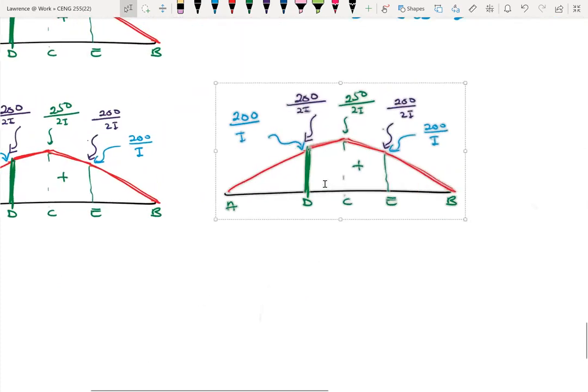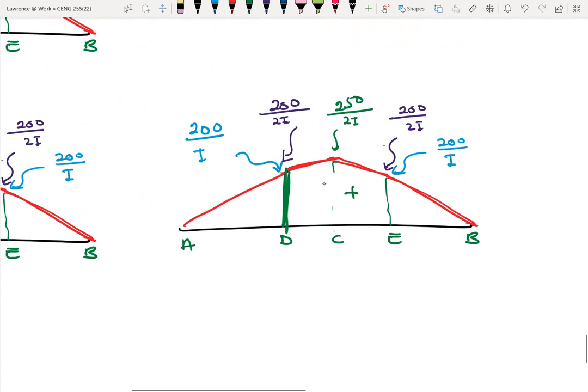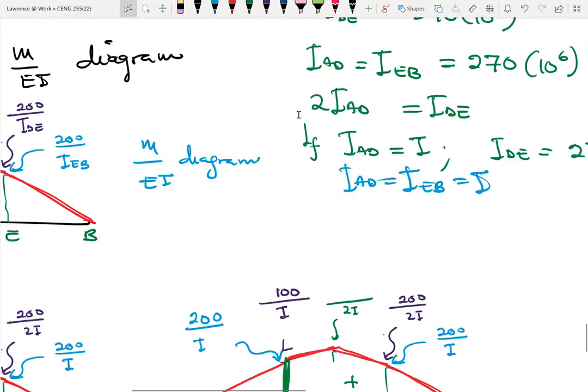So it means that here, if you divide 200 by 2, you get 100, right? So this one becomes 110 divided by I, and then this becomes 250, is what? 250 or 240?